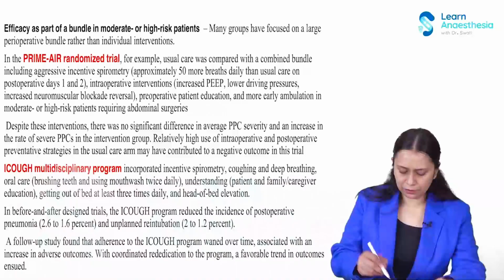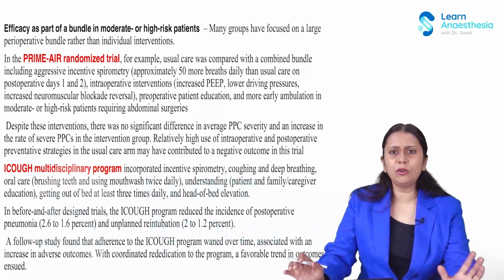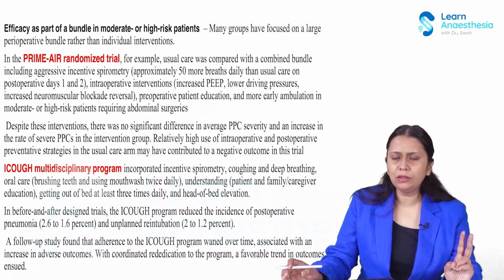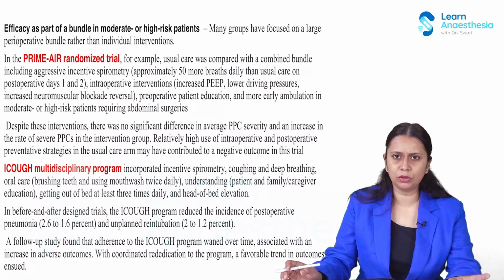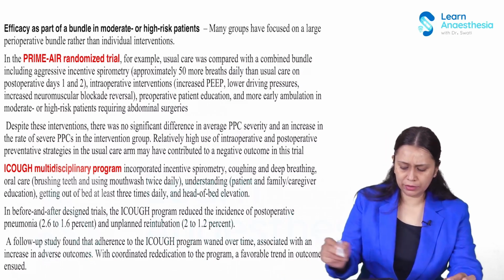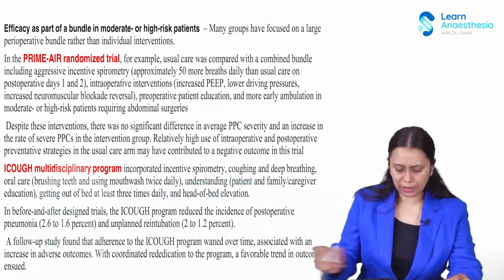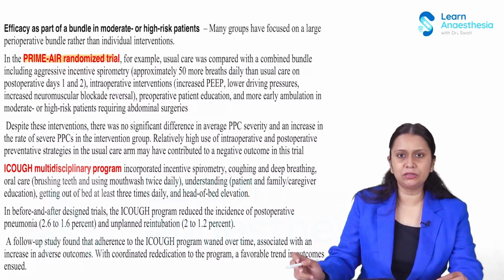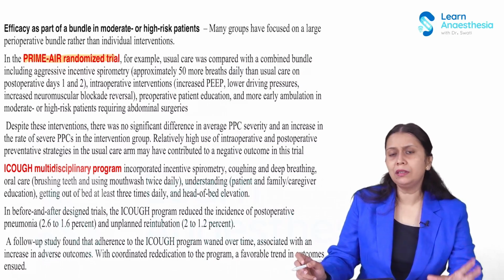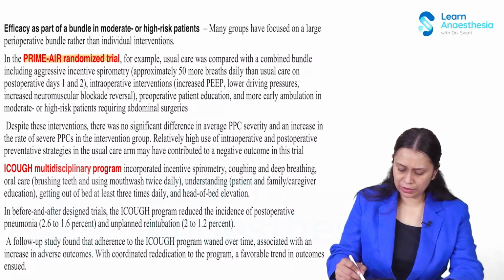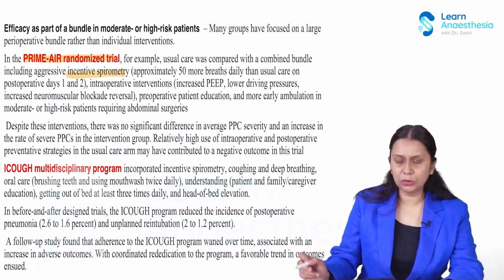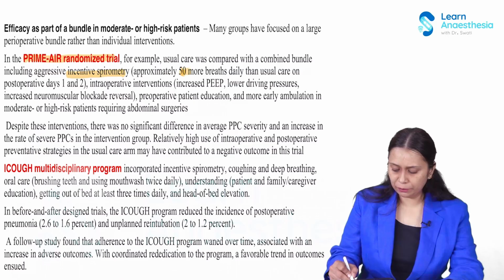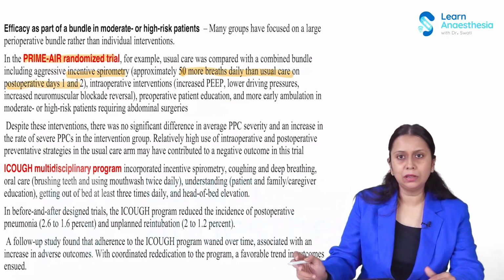Okay, so we talked about all the strategies. There are two landmark trials which I want to talk about. One I have already discussed, but again I will talk about. That is the PRIME-AIR randomized trial, which used bundle strategies for preventing post-op pulmonary complication. In this, the strategy was aggressive incentive spirometry, that is 50 breaths daily versus usual care on post-operative day 1 and 2.